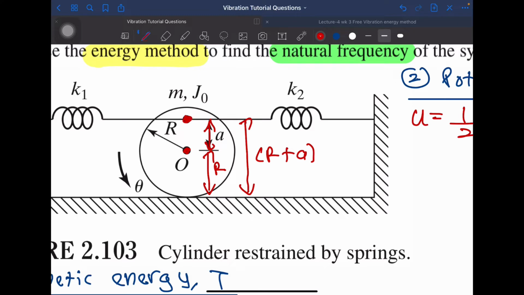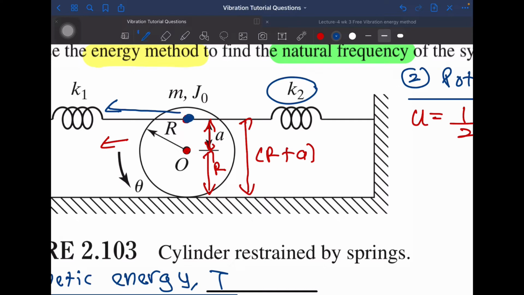When the block moves to the left, for example for k2, this k2 here will expand to the left, following the block.